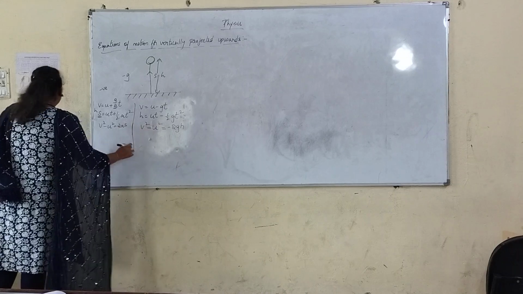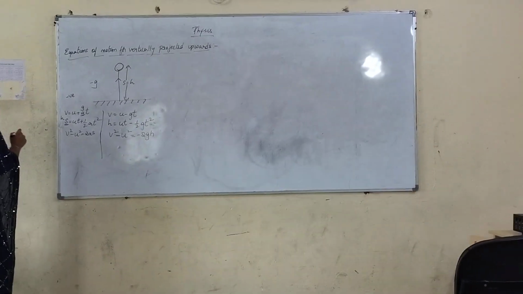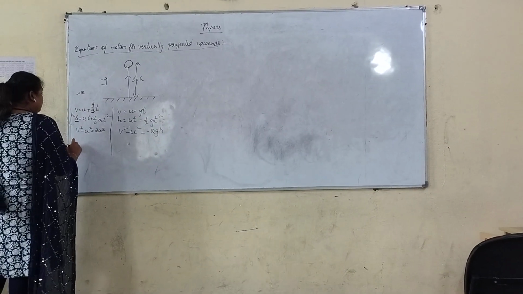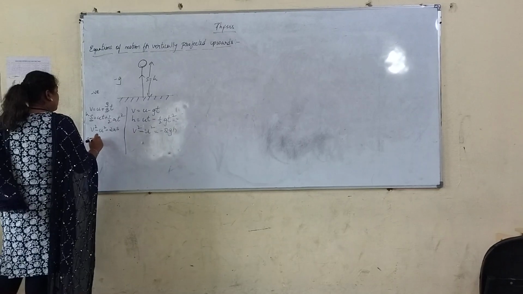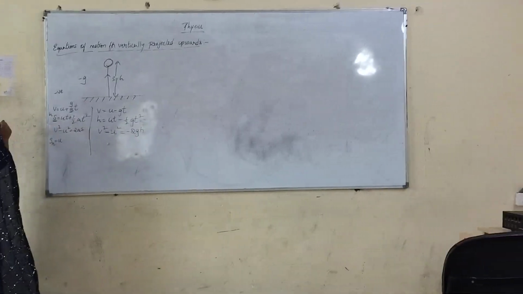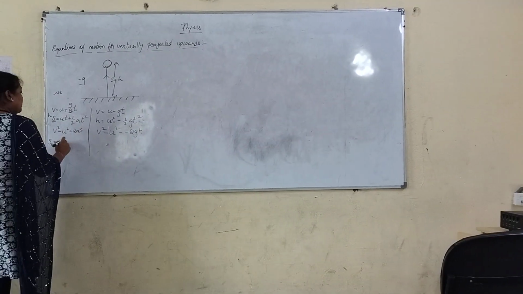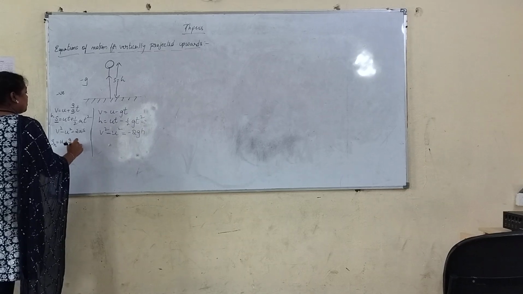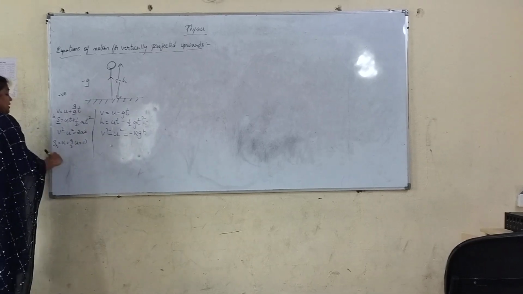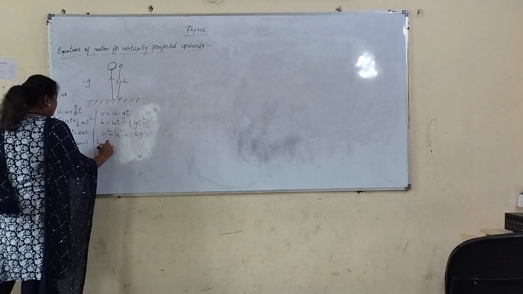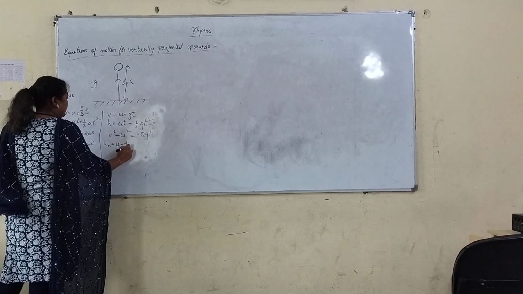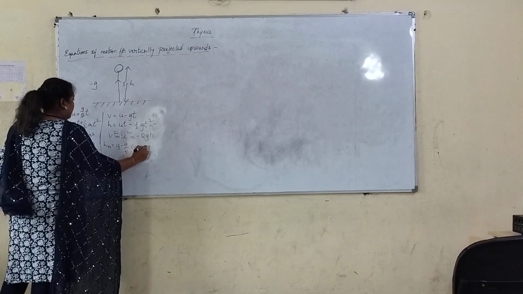And also for the nth second we have S_n equals u plus g by 2 into 2n minus 1. For the upward case, h_n equals u minus g by 2 into 2n minus 1.